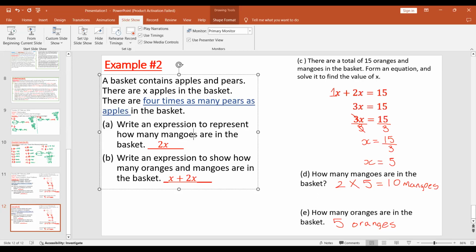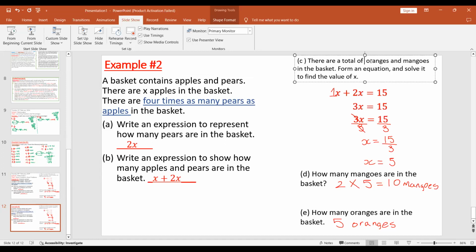Write an expression to represent how many pears are in the basket, and an expression to show the amount of apples and pears. There are a total of 30 apples and pears in the basket. Form the equation and find the value of x.